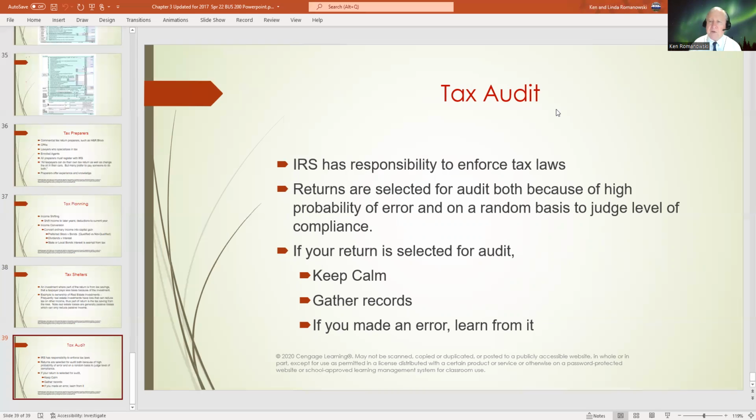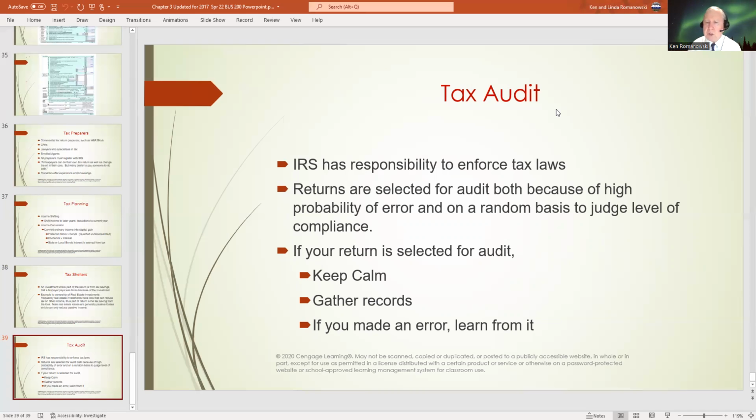On the other hand, if you have an extremely high deduction for something that's really, really out of the ordinary, then they're going to bounce that out as far as taking a look at it. They're going to say, wait a minute, what's this all about? So they'll do a sample of these kinds of return reviews. But if something is really out of whack, they're going to take a look.